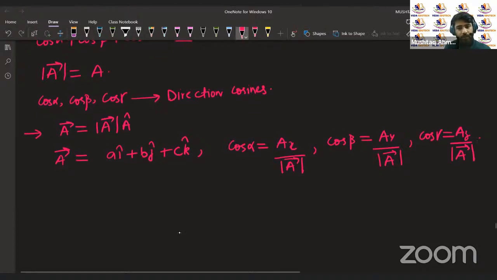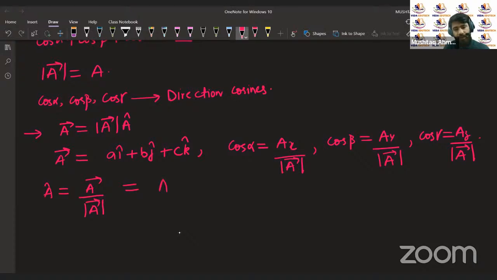We know that our unit vector is equal to A vector upon mod of A vector. And the A vector is AX i cap plus AY j cap plus AZ k cap upon the mod of A vector.